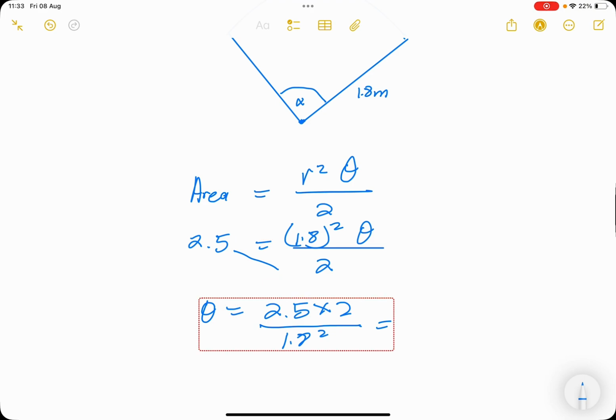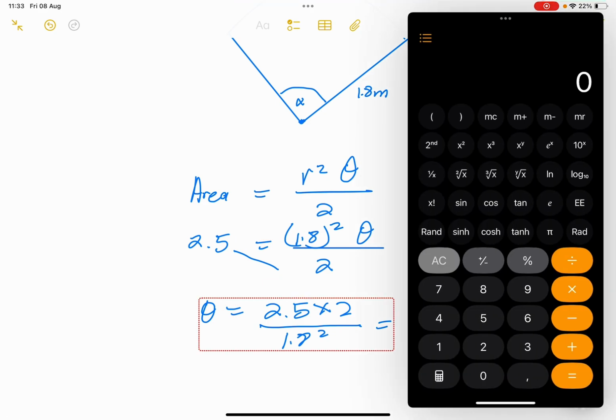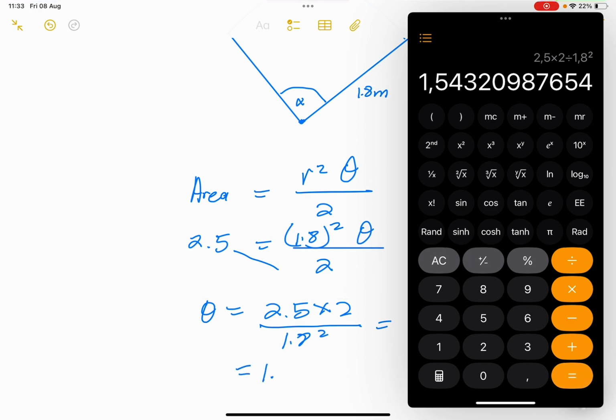Let's calculate that quickly. So that's 2.5 times 2 divided by 1.8 squared. We get a value of 1.54. Now remember, this is radians.